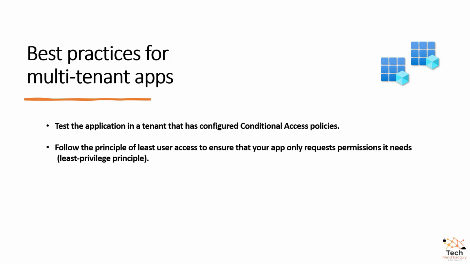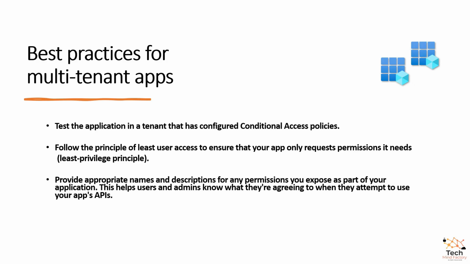Make sure that your application only requests permissions it needs. That's very important. And provide appropriate names and descriptions for any permissions you expose as a part of your application. This helps users and administrators know what they are agreeing to when they attempt to use your app's APIs.